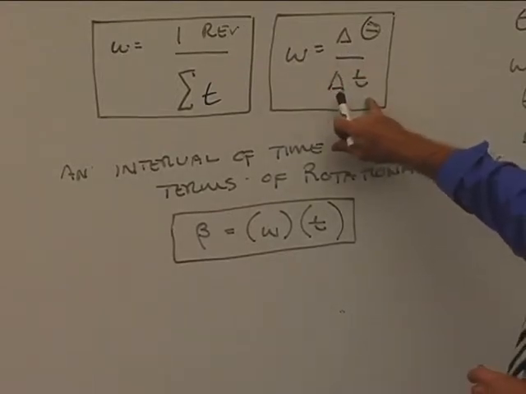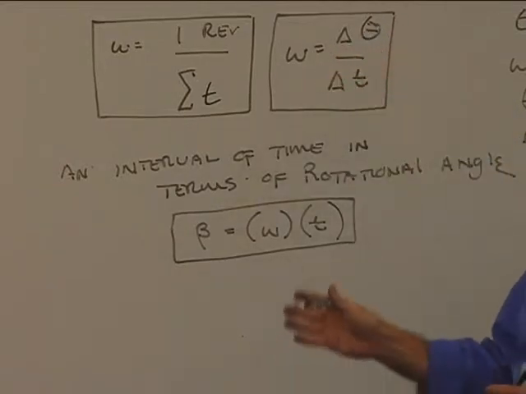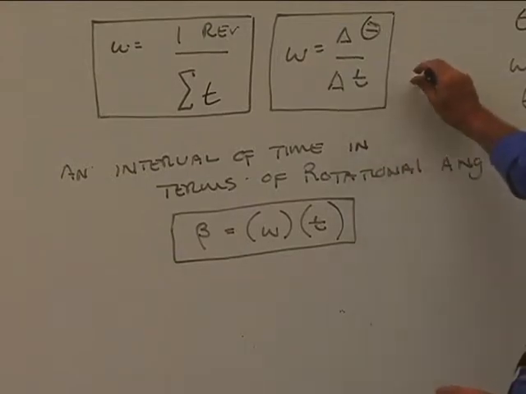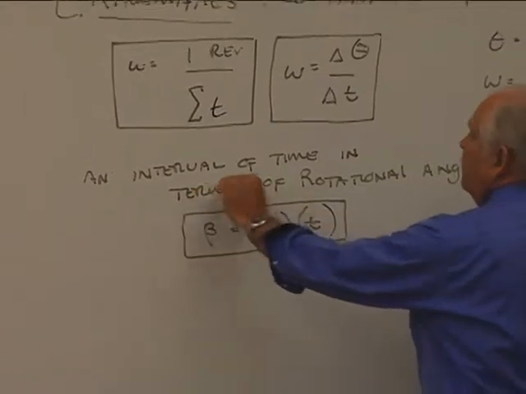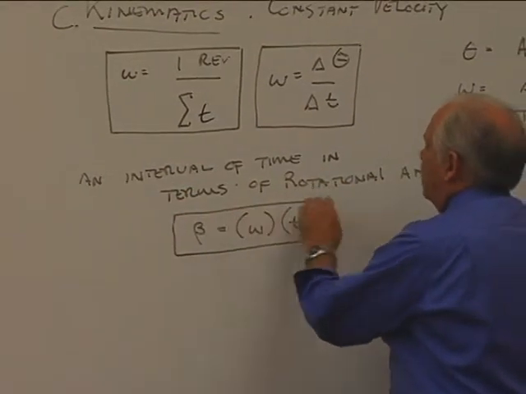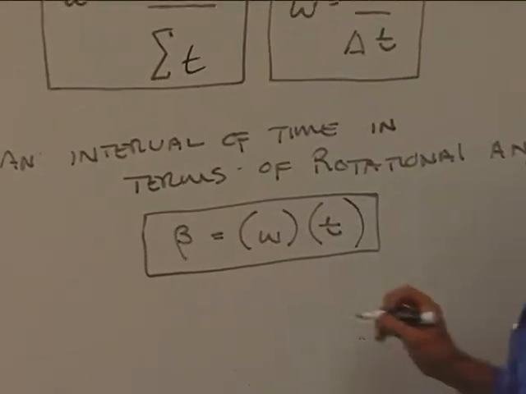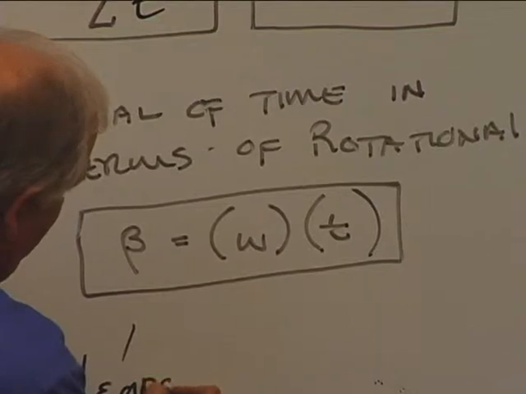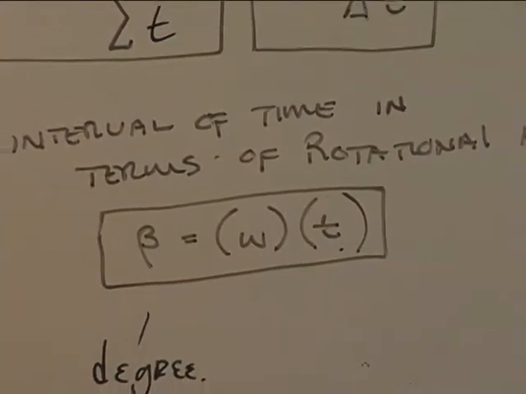So we can determine each individual point along one revolution using this formula. And then if you want to measure the interval of time in terms of a revolution, in other words, with B being degrees, you find out what the degrees are in relationship to the time, then you use this formula.